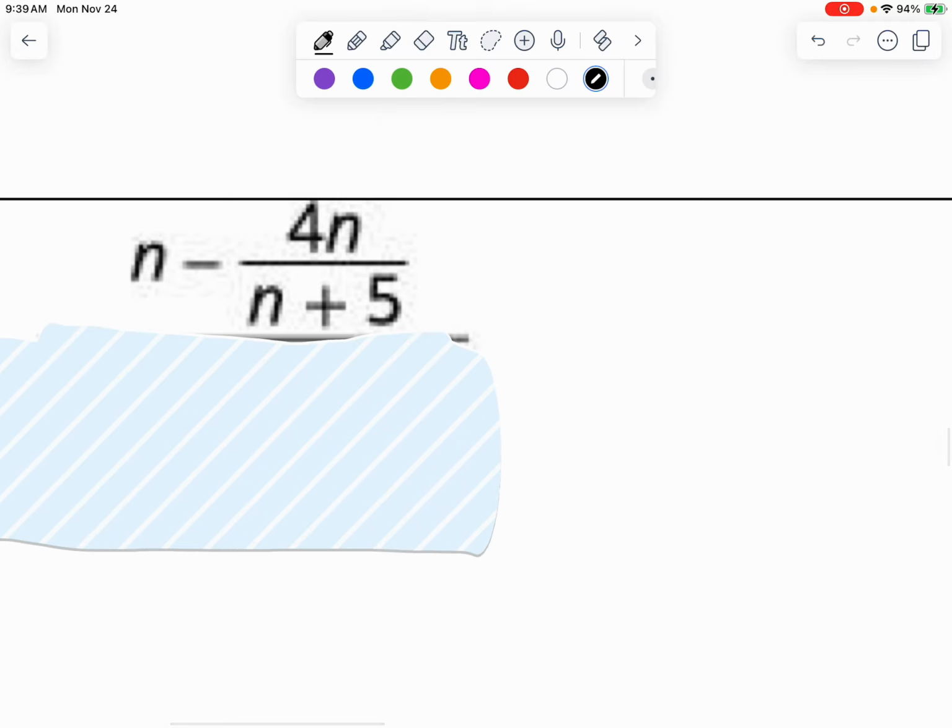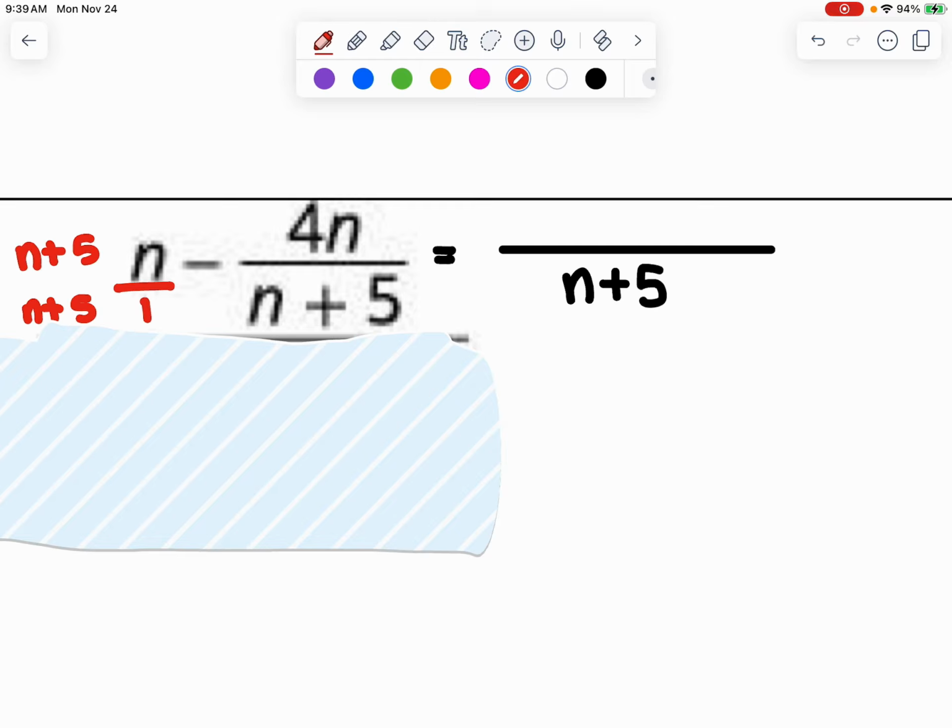And we have to make this into one big fraction. It's my hope that you know the only denominator is n plus 5. And so this one's technically over 1. So this needs an n plus 5 here. And this is good. So you're going to bring over your n plus 5, and your minus 4n.